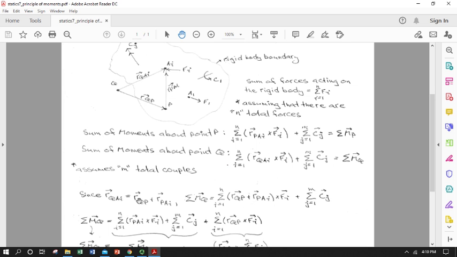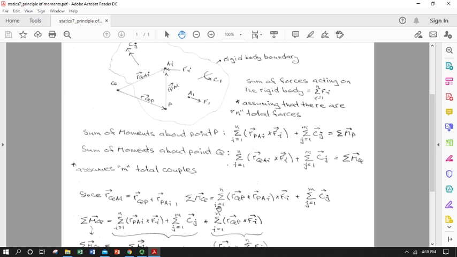Well, let's look at the vector addition, see if we can get a relationship there. So we could show that the radius vector from point Q to any point on any line of force, that's point A sub i for force F sub i, we can say that that is equal to R Q P plus R P A. Just good old vector addition right there.